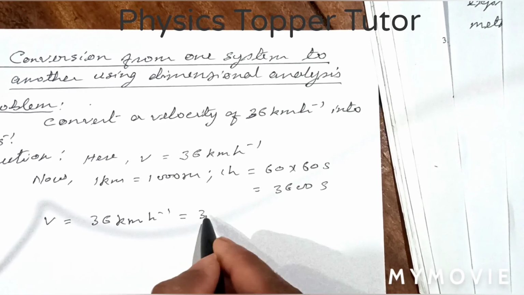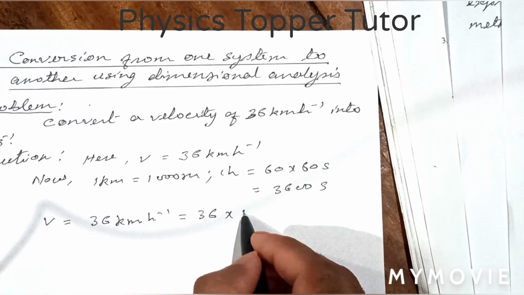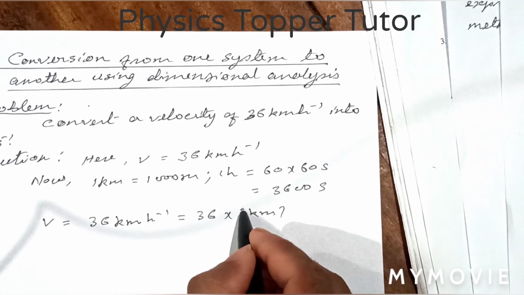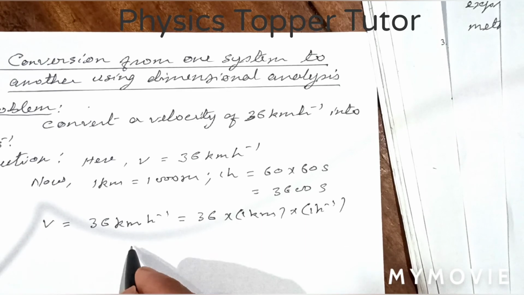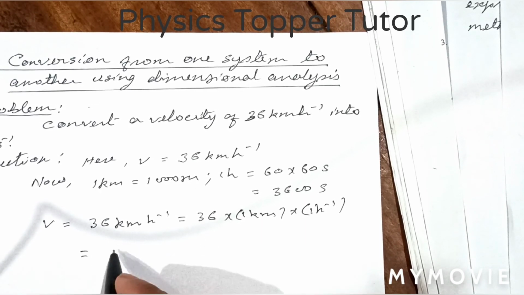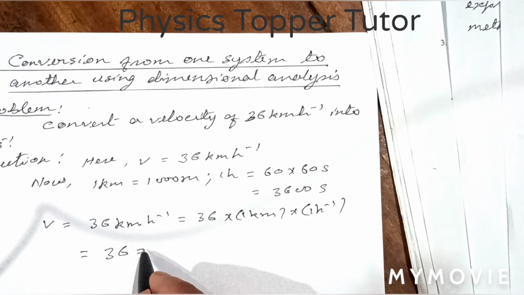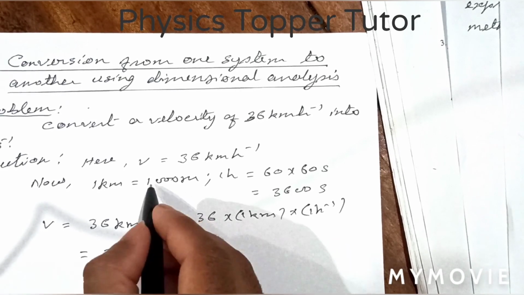Now let's write like this: velocity equal to 36 kilometer per hour. Here, 36 into 1 kilometer, which is 1000 meter, into 1 per hour.